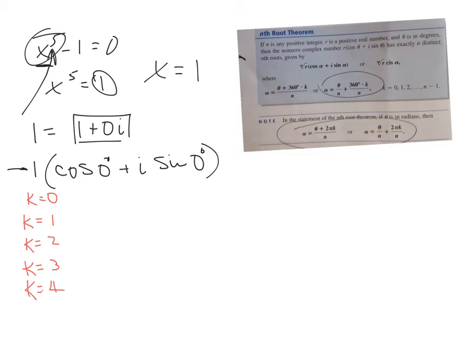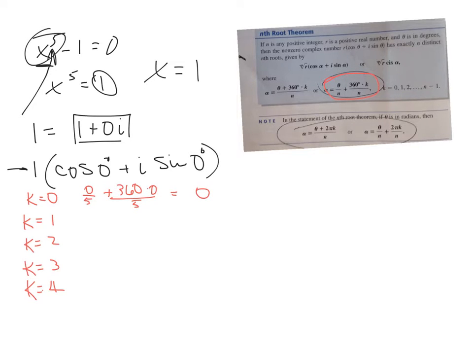Alright, so here are my 5 k's, and I'm going to put it in this format here because I'm dealing with degrees. So I've got 0 over n, and what is my n? My n is 5. And then I'm going to add 360 times k, which is 0, over 5, and that gives me 0.